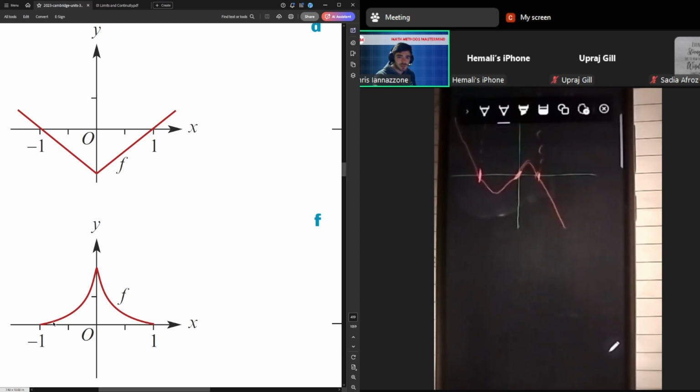Could anyone tell me why? Like if these were, we'll say they're closed circles. Think about the criteria from earlier, what I said was required for a function to be differentiable.